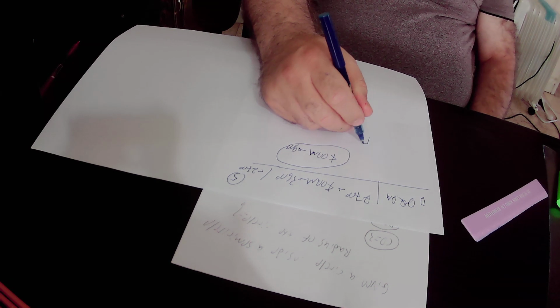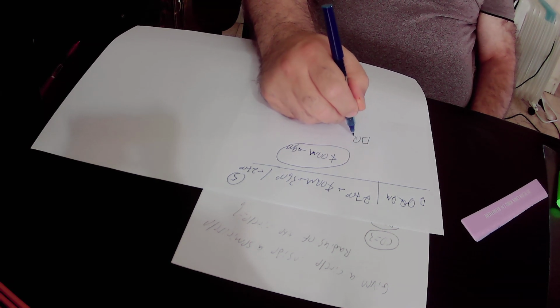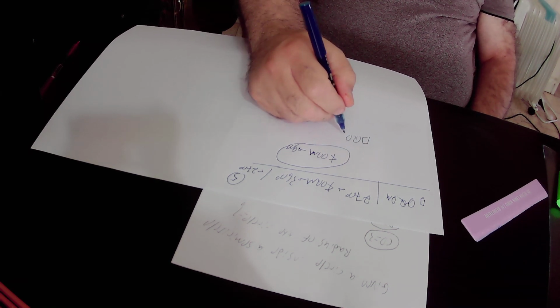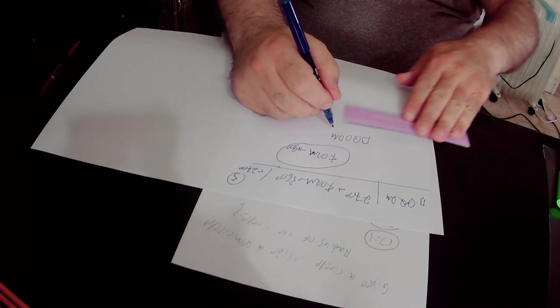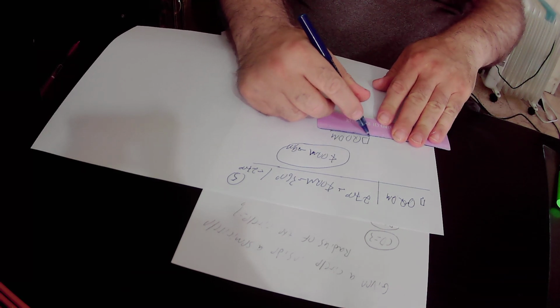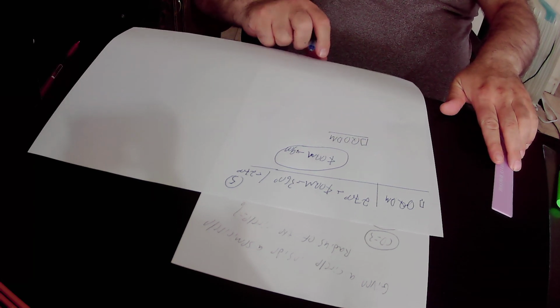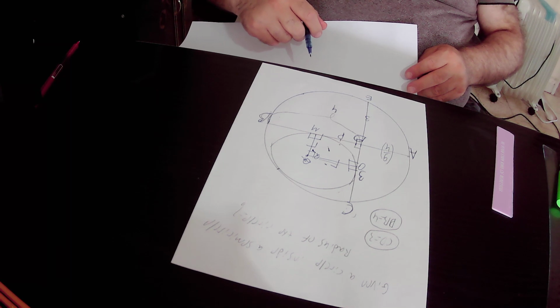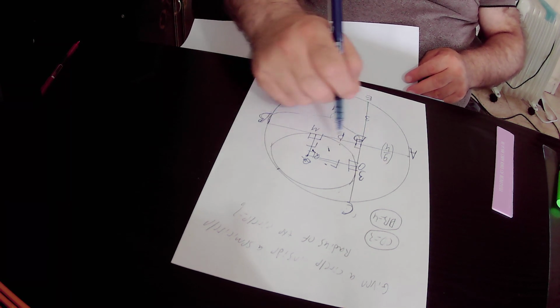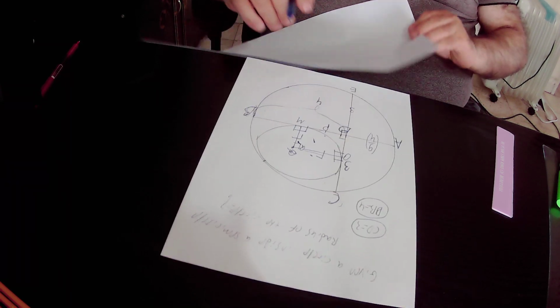Quadrilateral OQDM is a rectangle because it has four right angles. And we know that the opposite sides of a rectangle are equal to each other. That is to say, OQ equals DM.